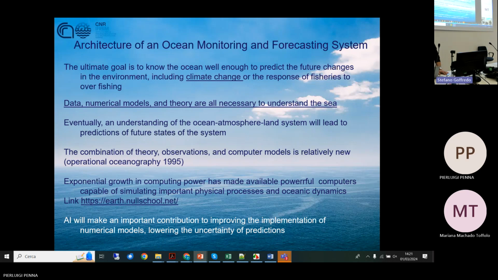The combination of theory, observation, and computer models is relatively new. Operational oceanography was born in 1995. So this approach is relatively new, and in the last decade it has been exploding in an exponential way. Exponential growth in computer power has made available powerful computers capable of simulating important physical processes and ocean dynamics.